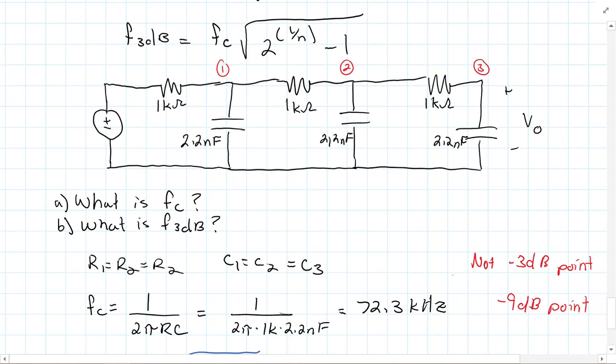What's going on here? Well, we made an assumption, which was a very bad assumption, quite frankly, that essentially these stages act independently. In the sense that this is kind of just isolated, gives me minus 3 dB. This is kind of isolated, gives me minus 3 dB. And this is kind of isolated and gives me minus 3 dB. But the issue is this 1 kilo ohm resistor here is actually, if we look at just this first stage as a block, there's a 1 kilo ohm resistor here, and that resistance is going to be a load on this filter.